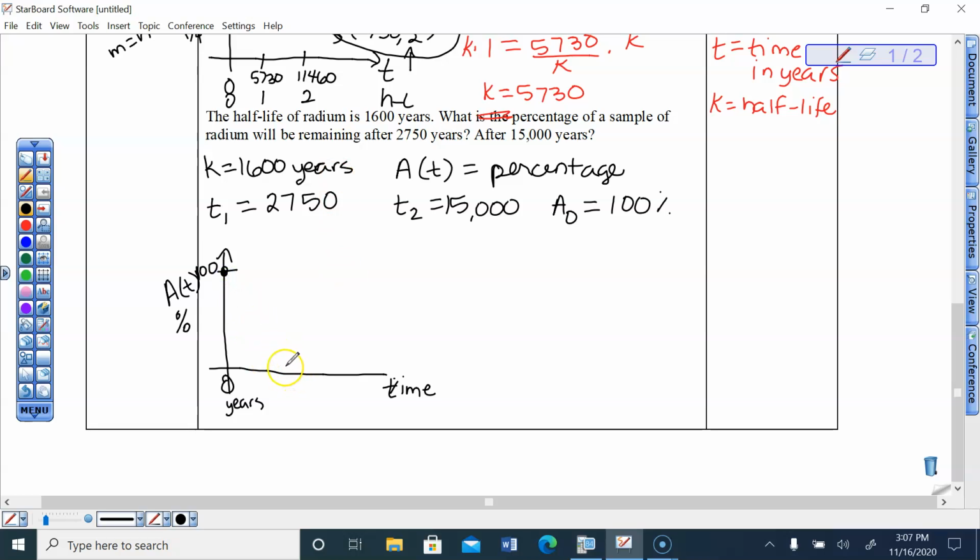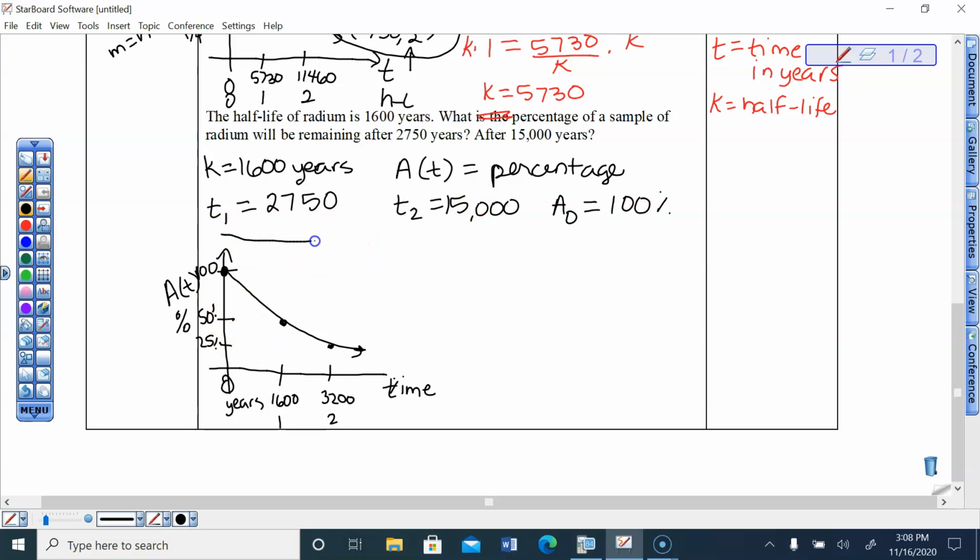And then at 1600 years, which would be 1 half-life, we'd be at 50%. And then at 3200 years, or 2 half-lives, we'd be down at 25%. And so we're looking at a graph that's doing something like that. Certainly not drawn to scale here, but you get the idea.